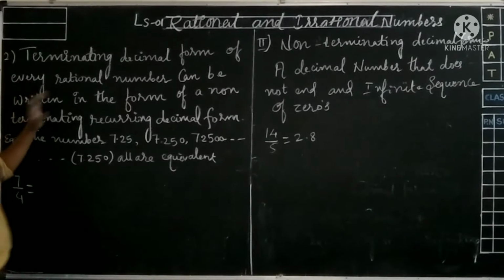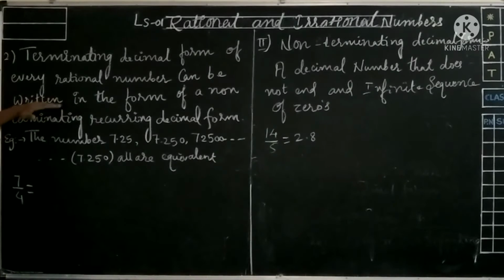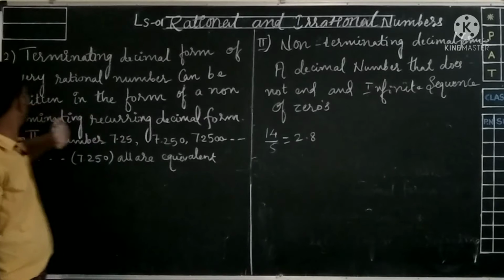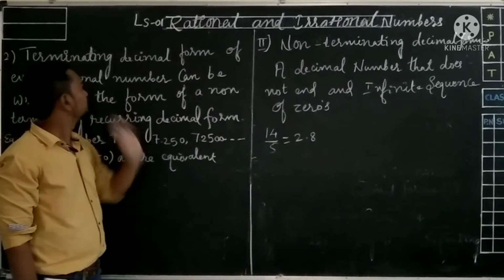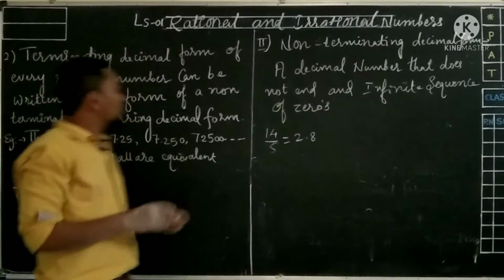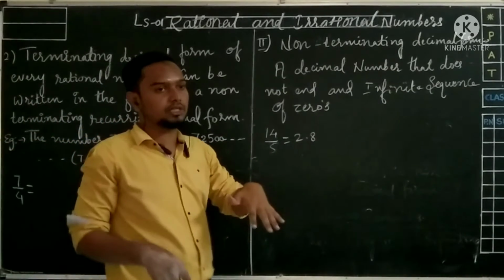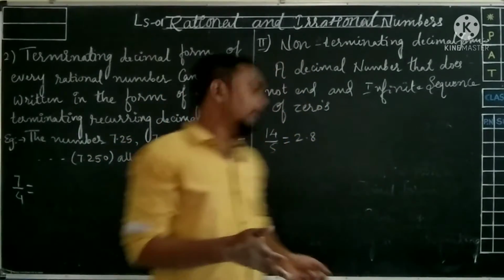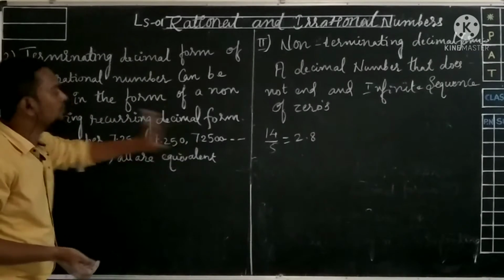Every terminating decimal form of a rational number can be written in the form of a non-terminating recurring decimal form. Now we take a rational number that is terminating type and convert it into non-terminating recurring decimal form.